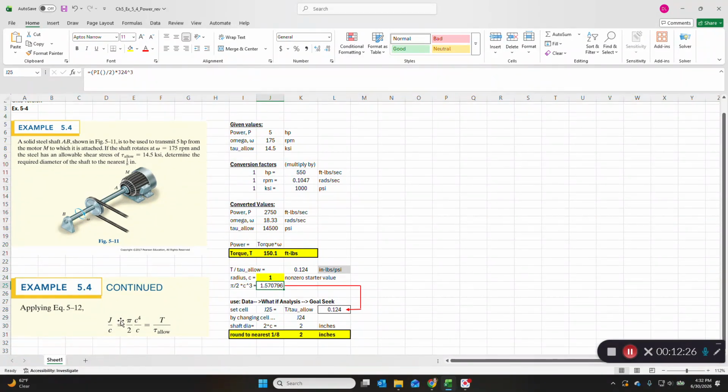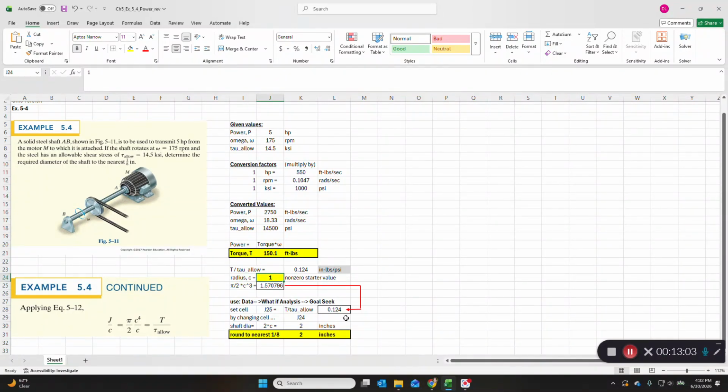And remember, that comes from simplifying the middle term in this equation, because C to the fourth over C cancels to C cubed, times pi over 2. That's equal to T over tau allowable. So you can forget the J over C on the left side of the equal sign. T over tau allowable is 0.124. This should be 0.124. Cell J25, rather. It isn't. It's 1.57, okay? So why? Well, because we didn't know the radius and we just assigned a value of 1 to it.